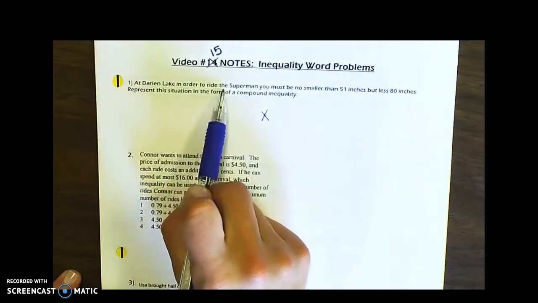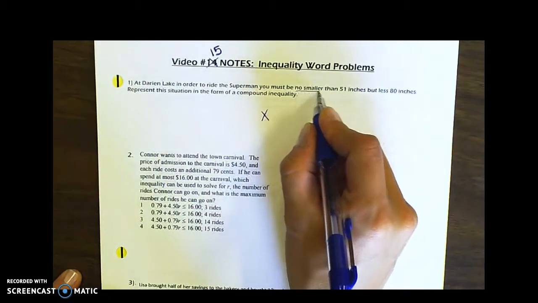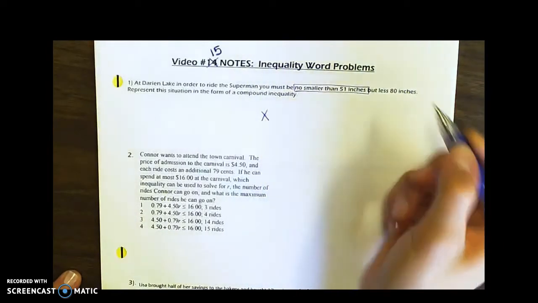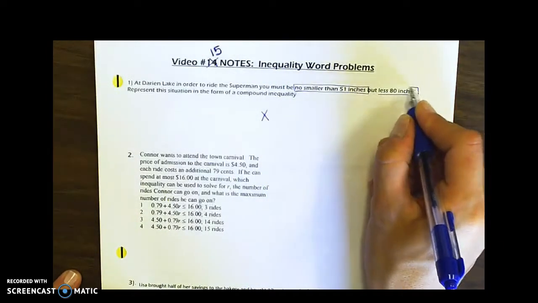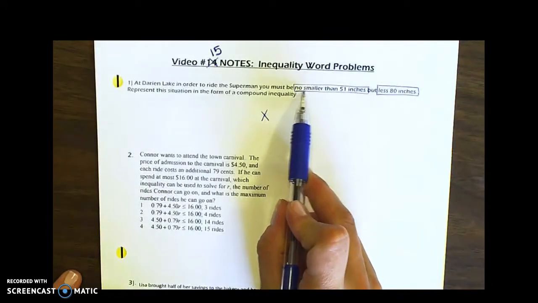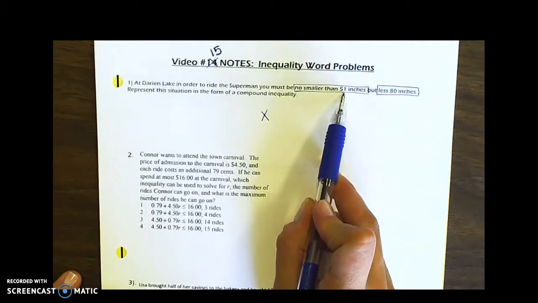At Darien Lake, in order to ride the Superman, you must be no smaller than 51 inches, but less than 80 inches. Okay, so let's take a look at the first part. No smaller than 51 inches. So are you allowed to be 51 inches? Yes, you just can't be smaller.